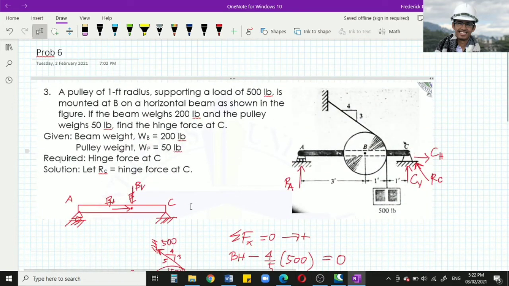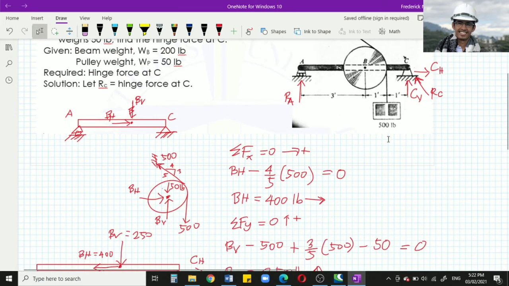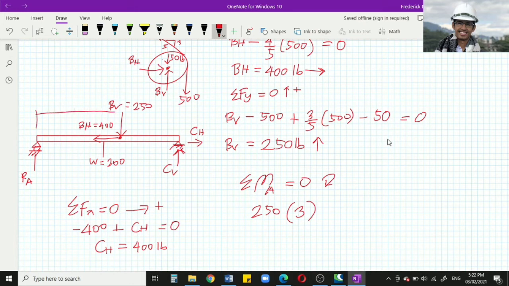Yung length ng beam natin is 3, 4, 5 is 5 feet. So that will be times 3. So from point B to point A is 3 feet. So that will be times 3. So this is 3 feet, no? Times 3.